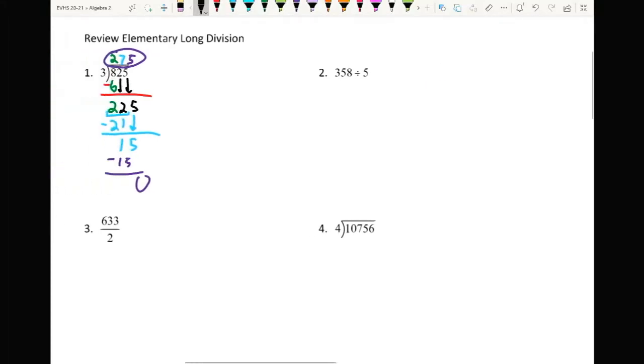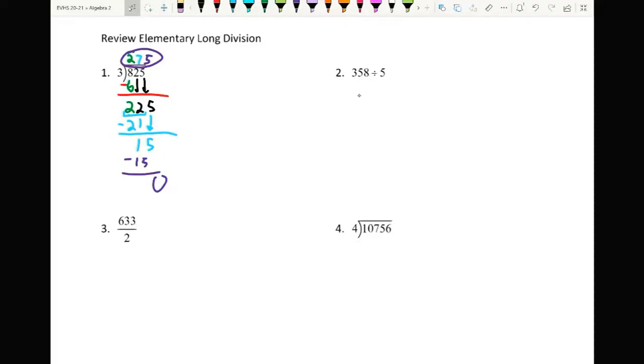Okay, let's do number 2. Now when we have a division problem written out this way, I need to rewrite it. 358 divided by 5. Okay, we're going to say how many times does 5 go into 3, and it doesn't. So I could put a 0 there, but I don't have to. I just need to scoot over to be above the 5, which is my tens place. So now I say, how many times will 5 go into 35? Well, that will go in 7 times.